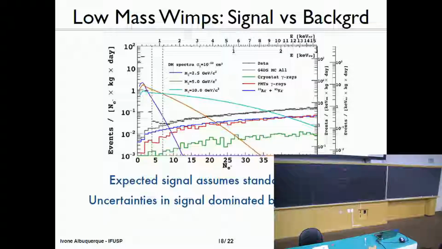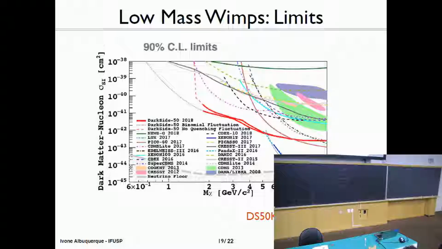So here we give an example of 3 models with 3 different masses, and for a cross-section of 10 to the minus 40. So we compare our data with these results, and this is what we get, where here's the mass of the WIMP, the cross-section, and here is our limit.